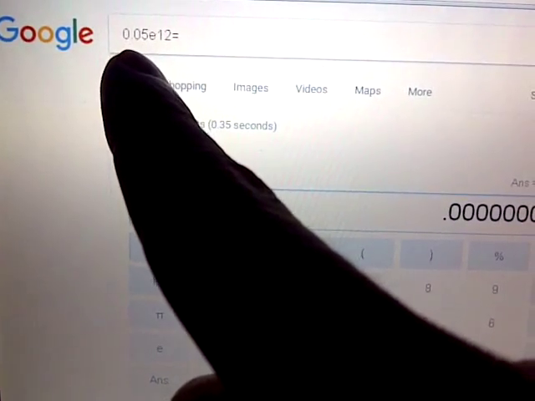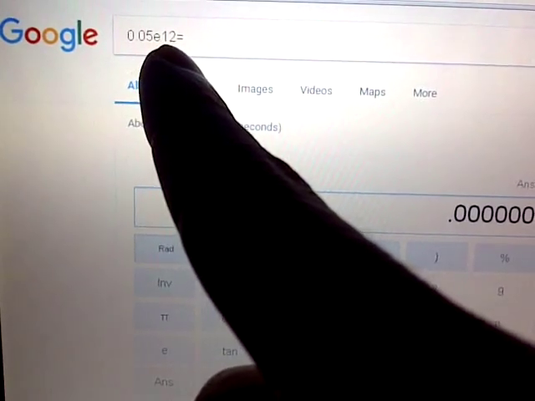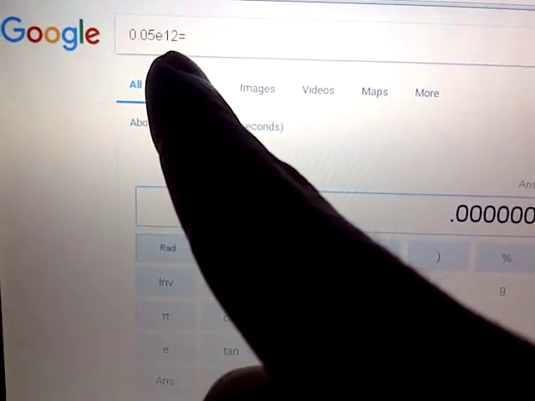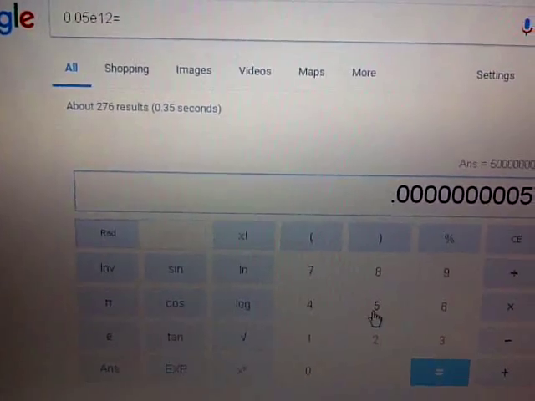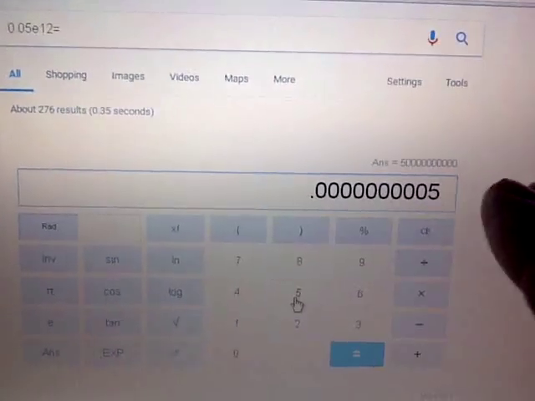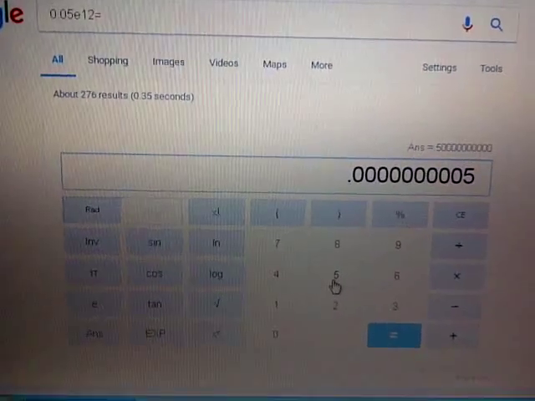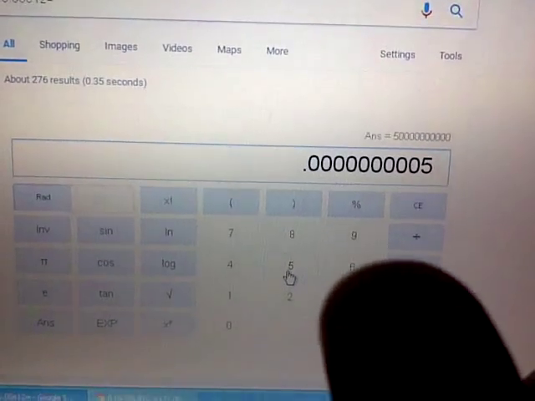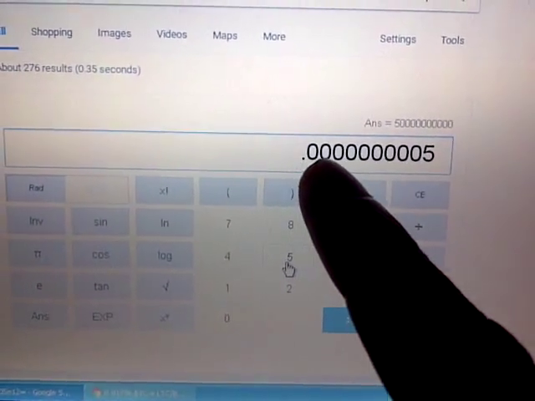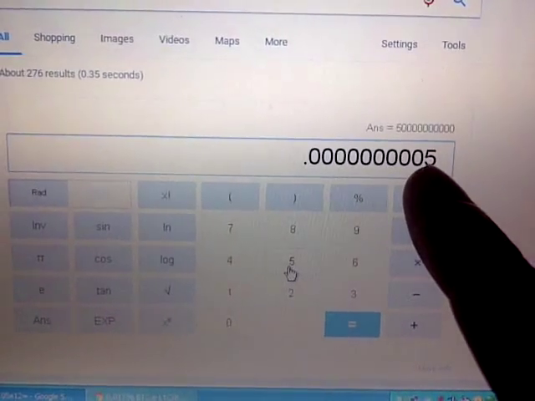So you take away the minus 2 power, which gives you 10 power, and then it gives you that 5 with a bunch of zeros, and then you invert that number and you get 9 zeros with the 5 at the end of it.